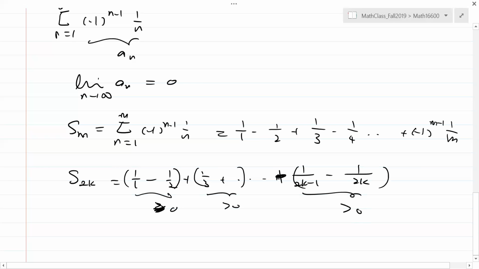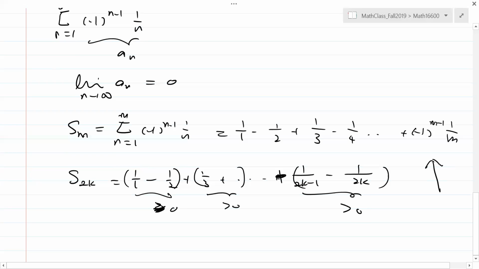So that indicates this partial sum S_2k is going to be increasing when k increases, because every time you add a pair of numbers, a difference of two numbers, and each pair is positive. So my conclusion is this is increasing.